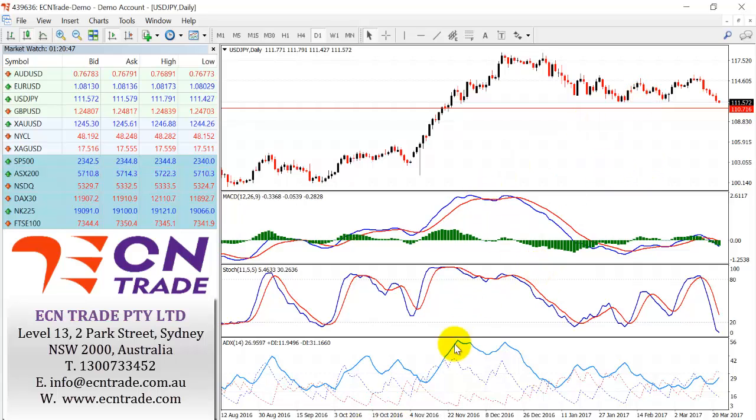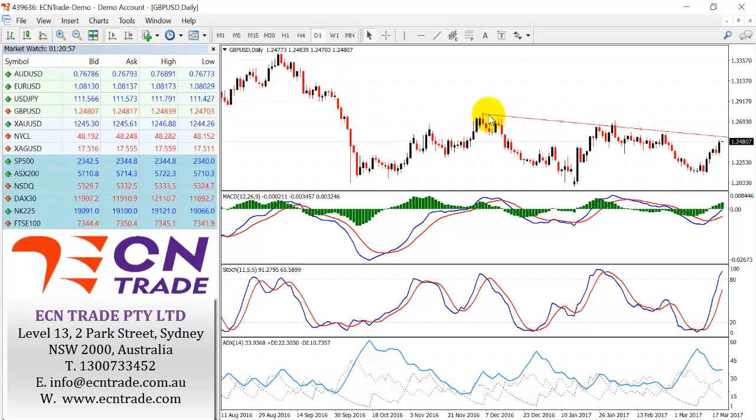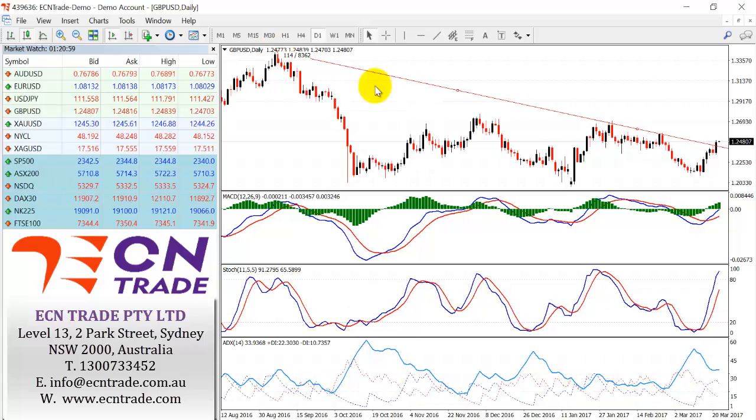Well, the Great British Pound is actually challenging the top side at the moment, as you can see here from this downtrend, which I like to draw in for you. A little bit higher. You can see the market is currently pressuring this level around 124.80. Currently trading there, I do expect to see this level fail.